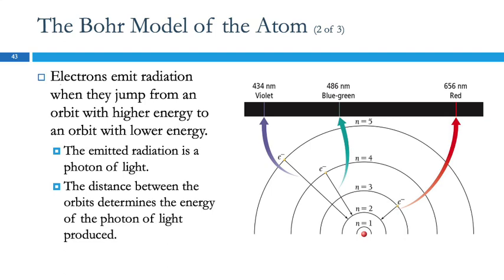Here it's emitted as electromagnetic radiation, and some of these transitions have an energy that corresponds to visible light. So one electron moving from here to here would emit one photon of light, one piece of light. The distance between the orbitals is related to the amount of energy, which is related to the wavelength of the photon produced. Any questions yet?